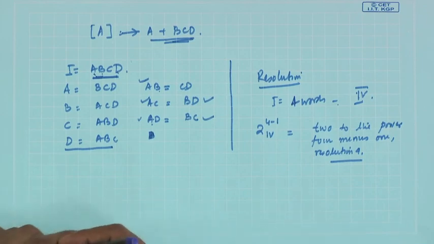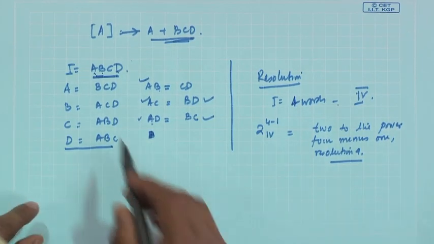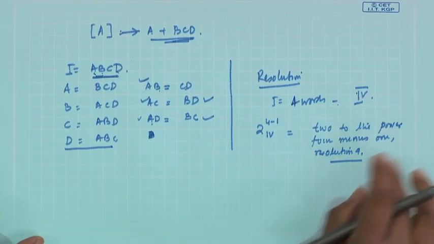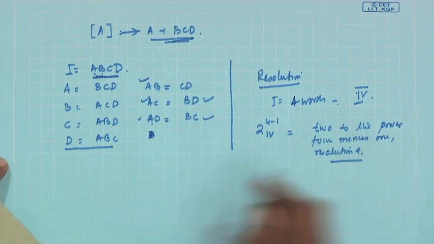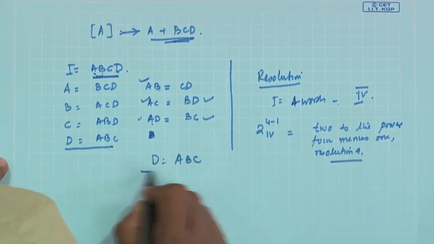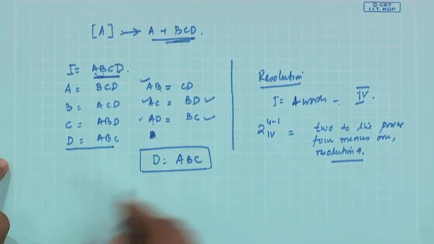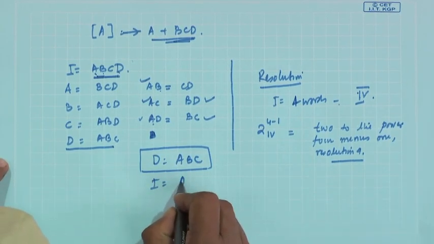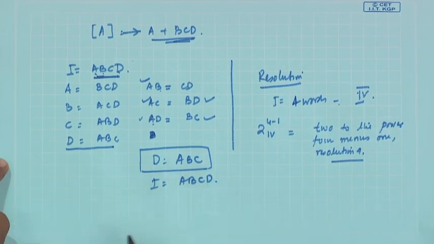Okay, resolution 4. This is the design. Now, as I told you, why is this resolution the higher one, 4th resolution? Because you have confounded D with ABC when you started the design, and accordingly you got I equal to ABCD.